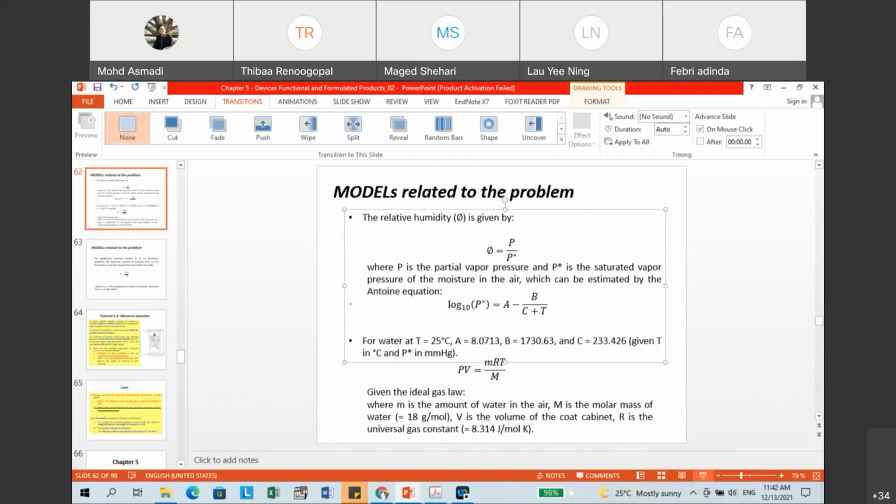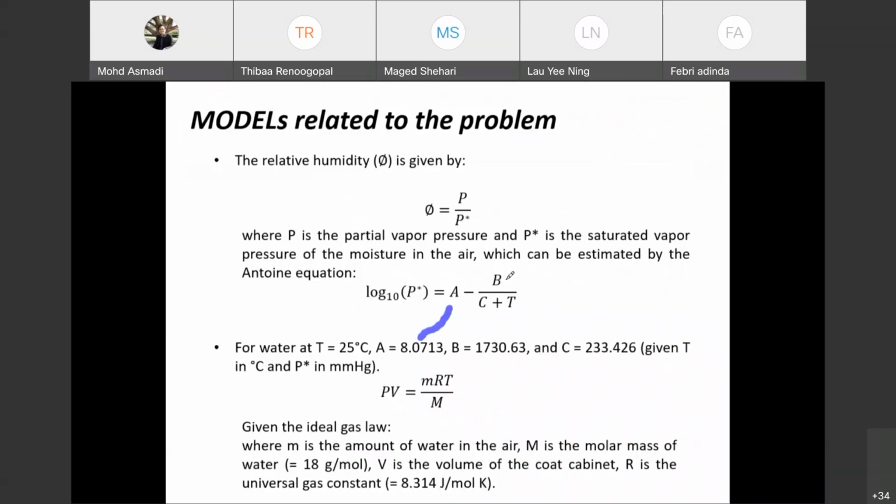Just substitute, I give you time. This one is A, this one is B, and this one is C. Temperature is 25 degrees C. T must be in this unit, and P is in millimeters of mercury.